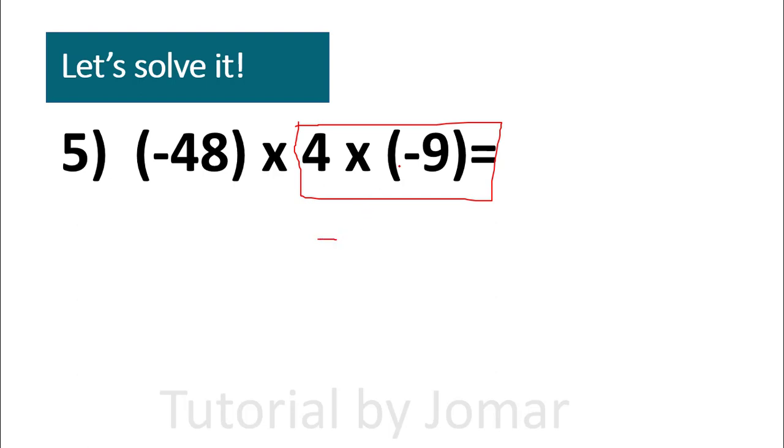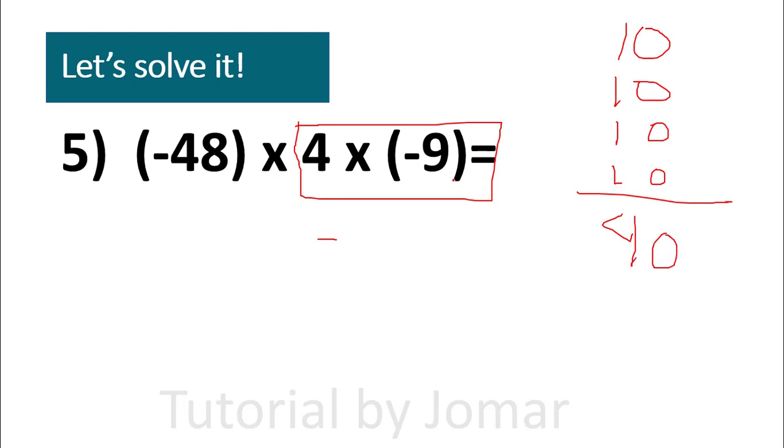So, 4 times 10 parang mahirap pa din i-multiply. So, ang gagawin natin, since ang 9 ay malapit sa 10, maglalagay tayo ng 4 na 10. 10, 10, 10, and 10. We have 40. And then, 10 minus 9 is 1. So, ilang 1 yun?